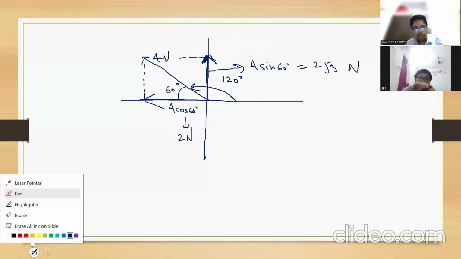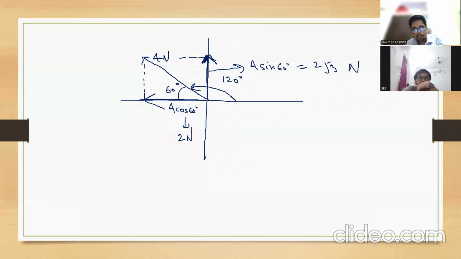Similarly, if I draw the vector like this, 4 Newton, and they have given an angle like this, for example 230. Then if it is 230, the total angle is 270, so this will be 270 minus 230, 40 degrees.